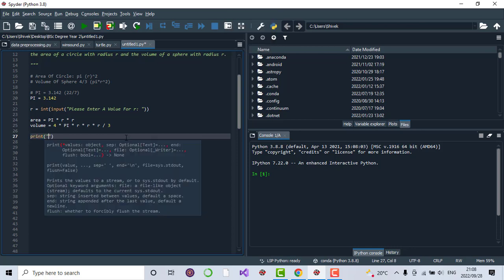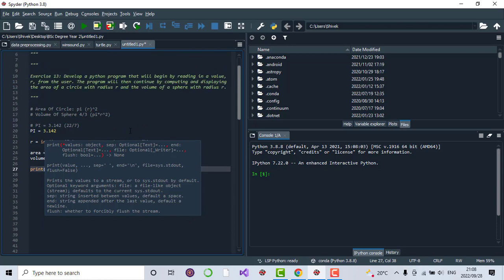Excellent. Now we may conclude the development of the program by finishing up our print statements. We let the user know that the area of your circle is, comma.